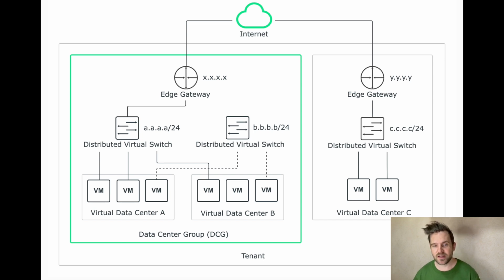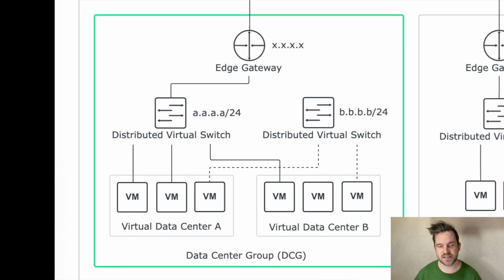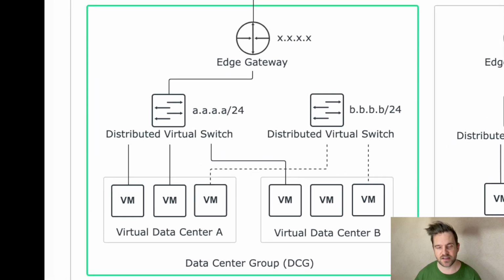Let's focus on the left side of the diagram, highlighted with the green border. This is the data center group, or DCG. Inside this data center group, we have two virtual data centers, virtual data center A and virtual data center B. You can see distributed virtual switches, each with a different network, and they are shared in this data center group.